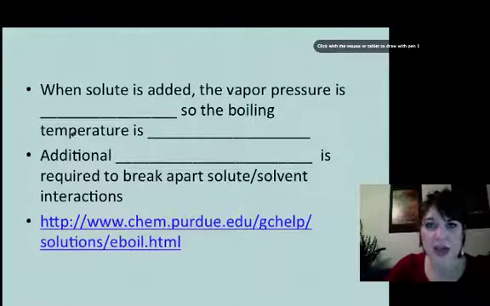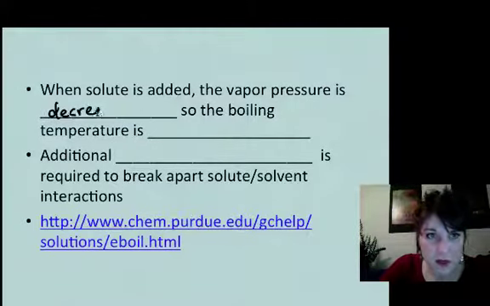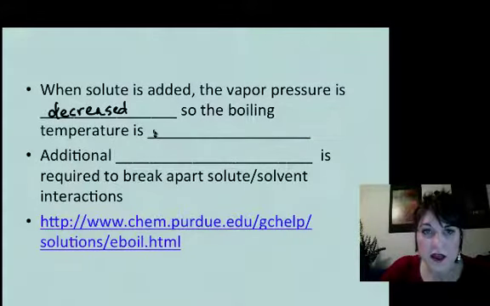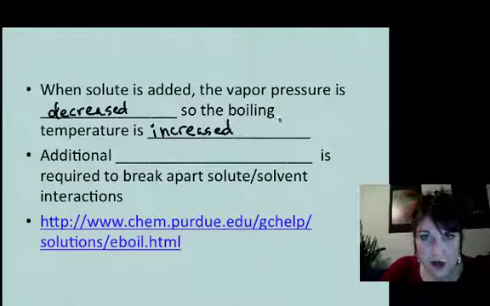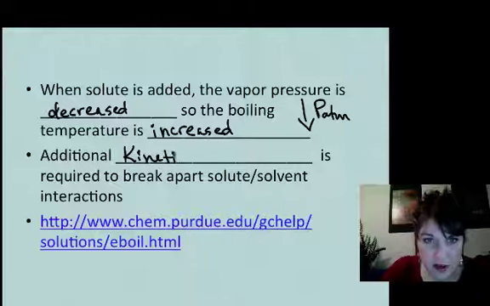So when a solute is added to a solvent, then the vapor pressure is decreased. And the decrease in vapor pressure means that the boiling temperature must be increased. It's going to take more energy now to overcome the atmospheric pressure that's holding it in the solution. So additional kinetic energy is required to break apart the solute and solvent interactions.